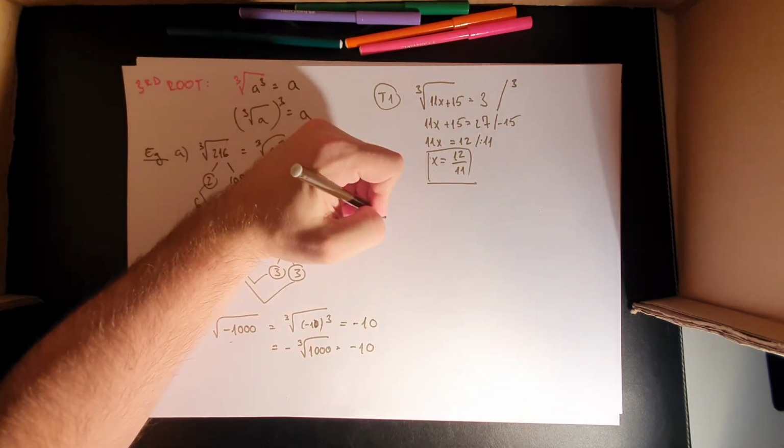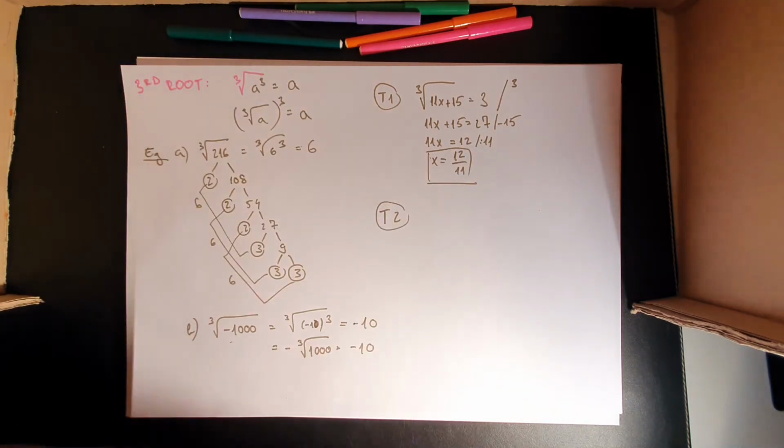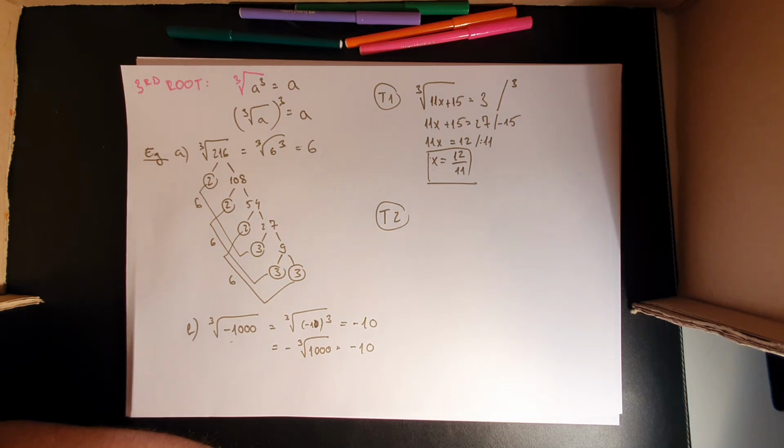Now, one last task that I want to show you, or one more type of irrational equation that I want to give you an example of, is what if we combine second and third root together. So let's look at the situation like this.